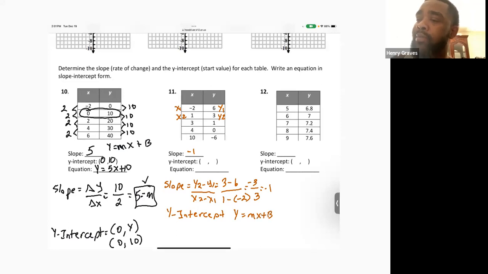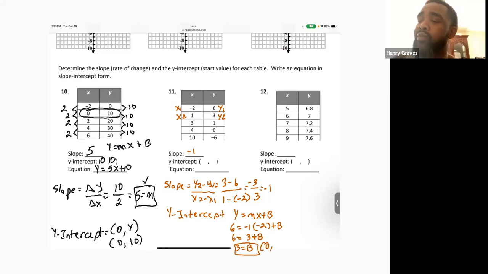I know my m is going to be negative 1. X number is negative 2, plus b. So 6 is going to equal 3 plus b. And of course, what plus 3 gives you 6? That'd be 3, right? So 3 is equal to b, which of course is the same as 0, 3 on the y-intercept.